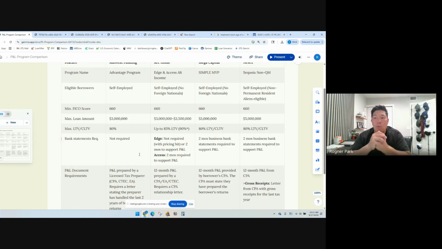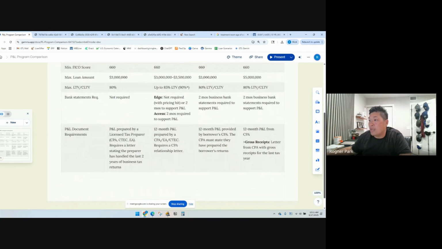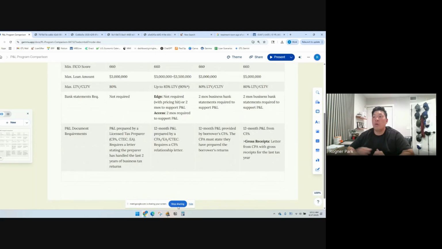This is a big one, guys. The last two rows, I really want to focus on and spend a little bit more time on. Just because it's a P&L program as opposed to the bank statement program, there are lenders that won't require any bank statements to support that P&L, but there are other lenders that will require bank statements to support that P&L.